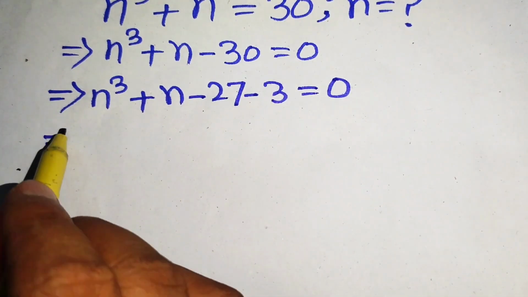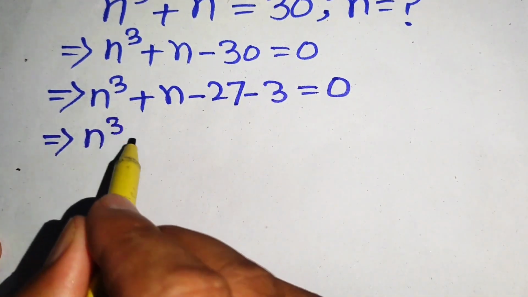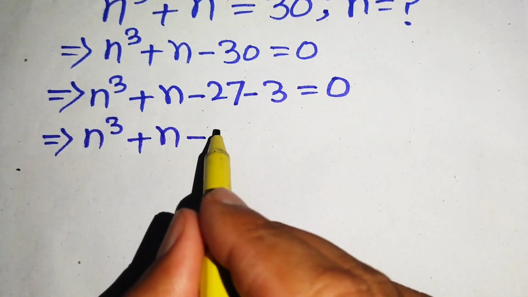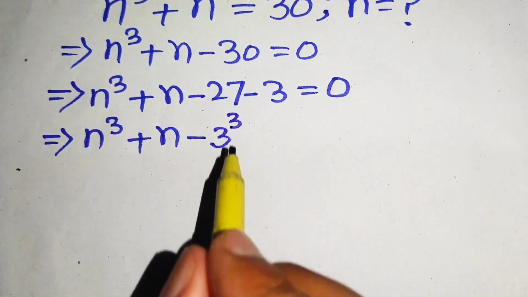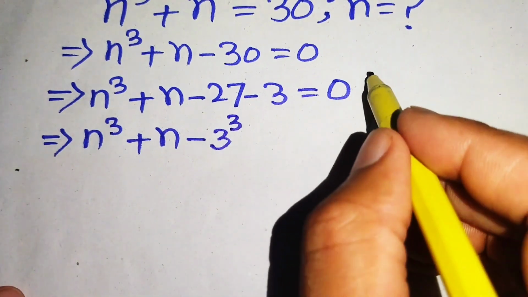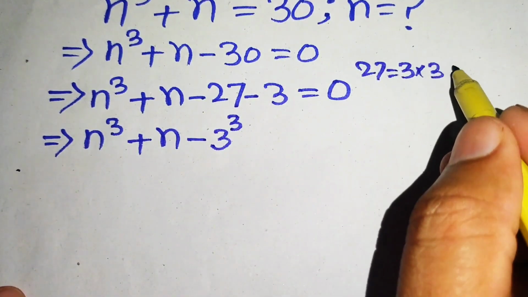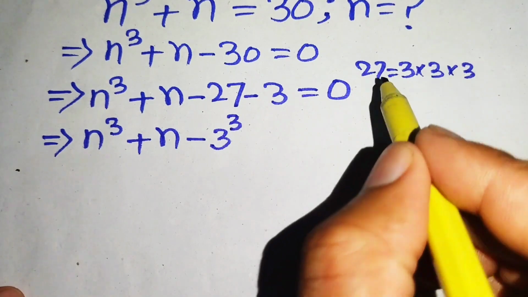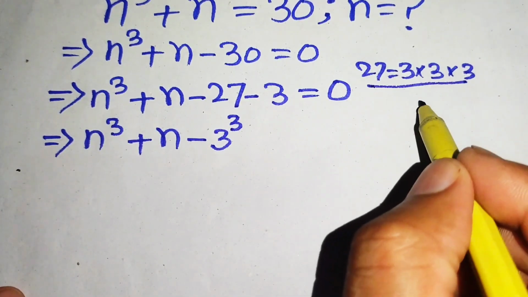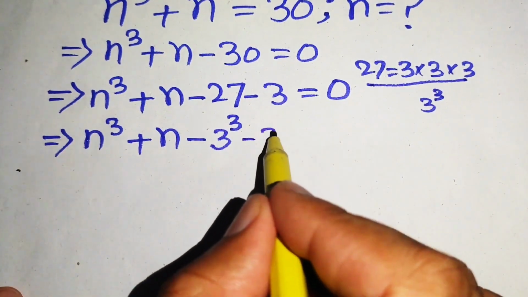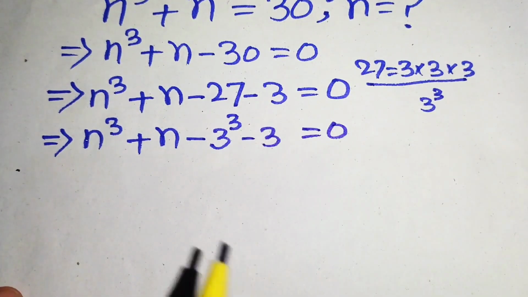And after that we write this equation as n cubed plus n minus, this is 27 and we write it as 3 cubed. We know that 27 equals 3 times 3 times 3, because 3 times 3 is 9, 9 times 3 becomes 27. So we write this 27 as 3 cubed. Similarly, we have this minus 3 equals 0.